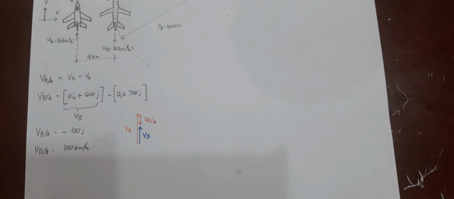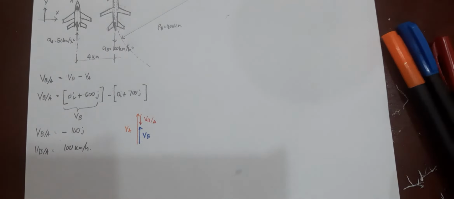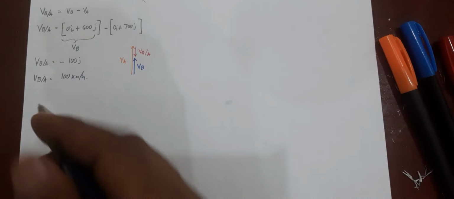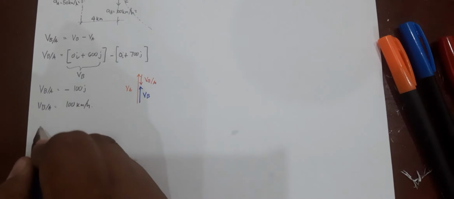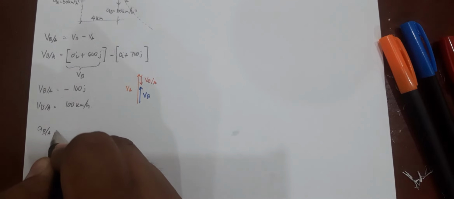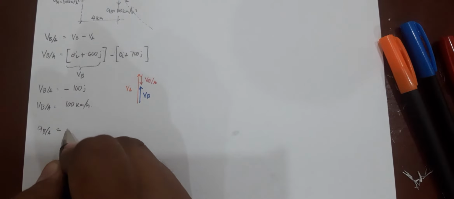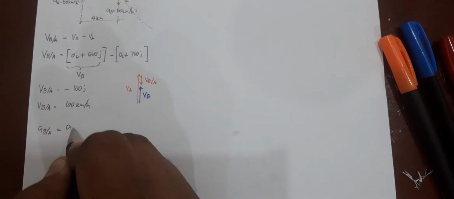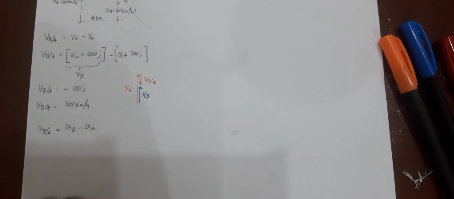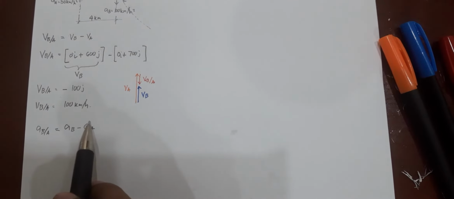Okay, next we go to acceleration. Now for acceleration, the acceleration of B relative to A is equal to the acceleration of B less the acceleration of A. For acceleration of A, that is very simple.